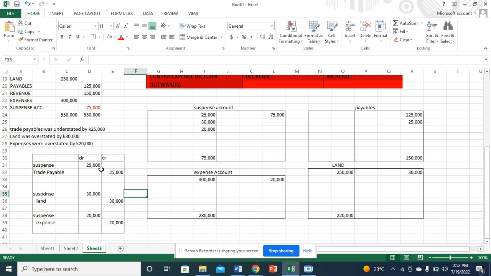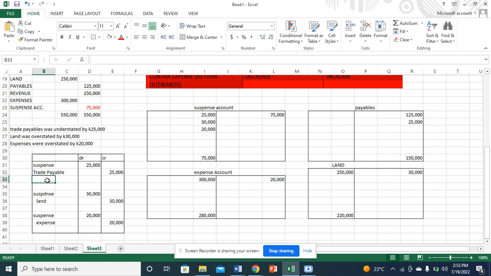After your journal entries, you just put the narrations. You don't have to title journal entries like a balance sheet or an income statement. You just write journal entries.